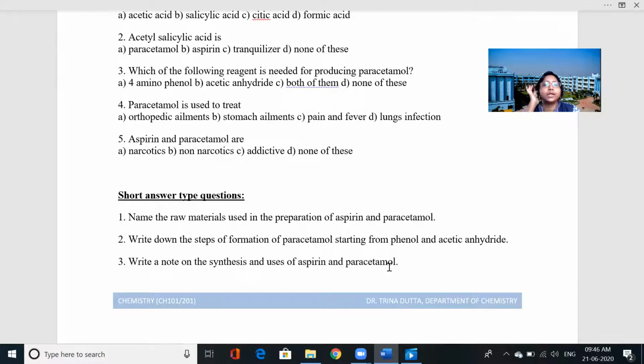If you only have to mention the names of the raw materials, then it will be like 2 marks. If you have to completely describe the synthesis procedure, then it will be higher marks, like 5 marks. So you have to describe the total procedure. The total procedure you have already learned and you have seen in the video. So I hope that you have understood very well.